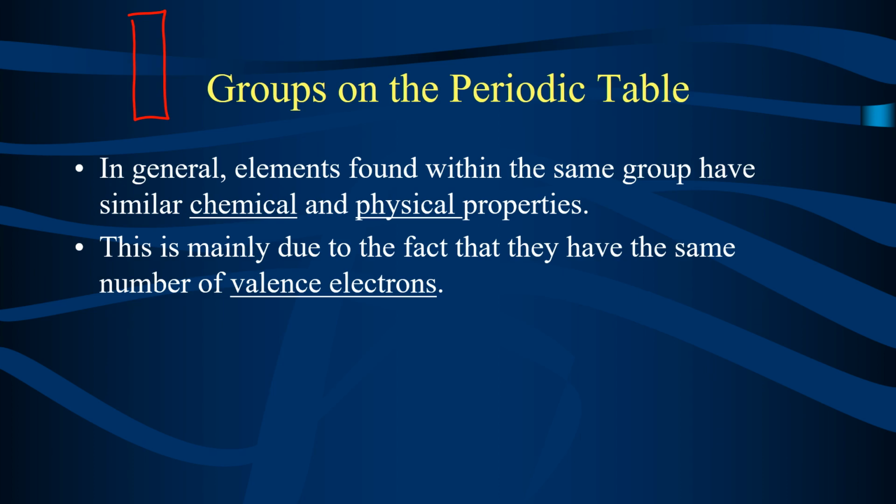The B groups are part of the transition metals. So the reason why we put elements in groups like this, I'm just going to use group 1. So we have hydrogen, lithium, sodium, potassium, rubidium.